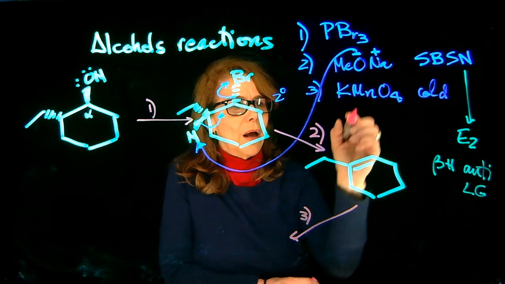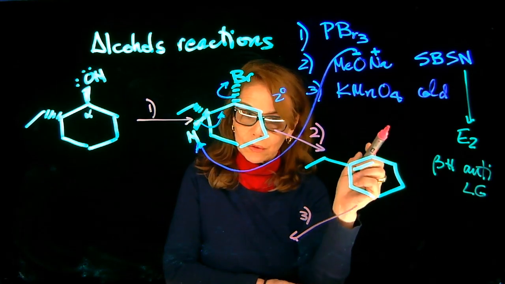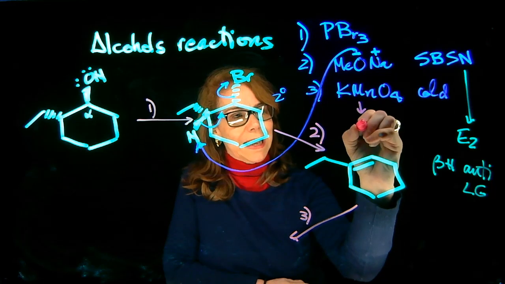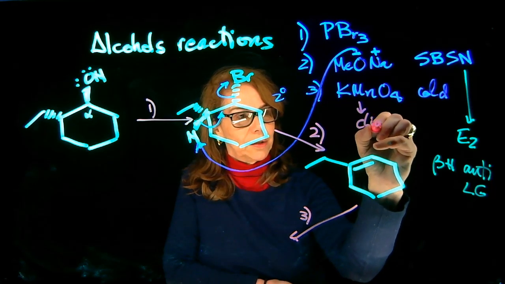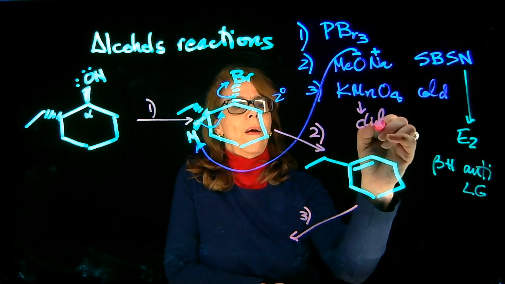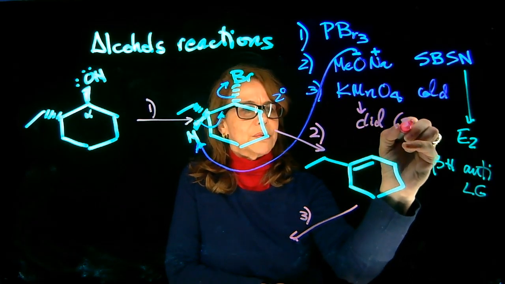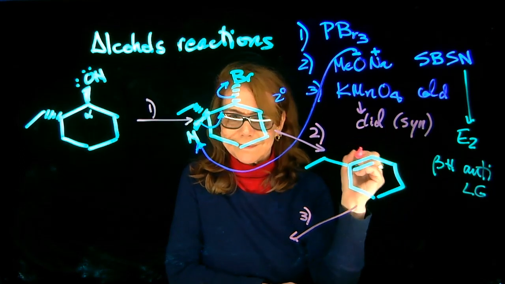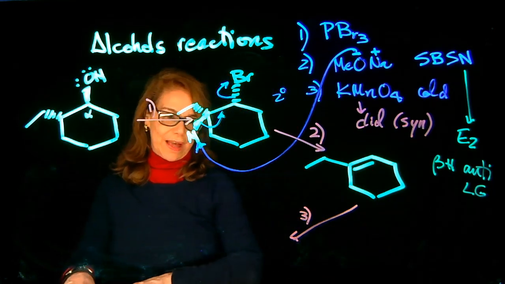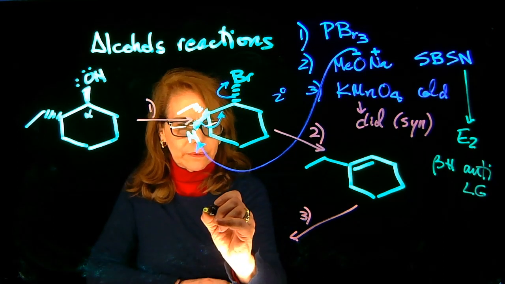So that potassium permanganate, cold, that condition is used to make diols, but not any diols. So this is making a dihydroxylation. But the diols are to the same side, so it's syn. So when we're drawing the product, we need to pay attention to that, because of the mechanism.